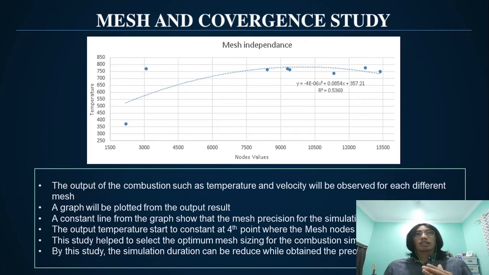As we know, a fine mesh will take a very long duration to complete the calculation, so by doing this, the simulation duration can be reduced while still obtaining precise output values.